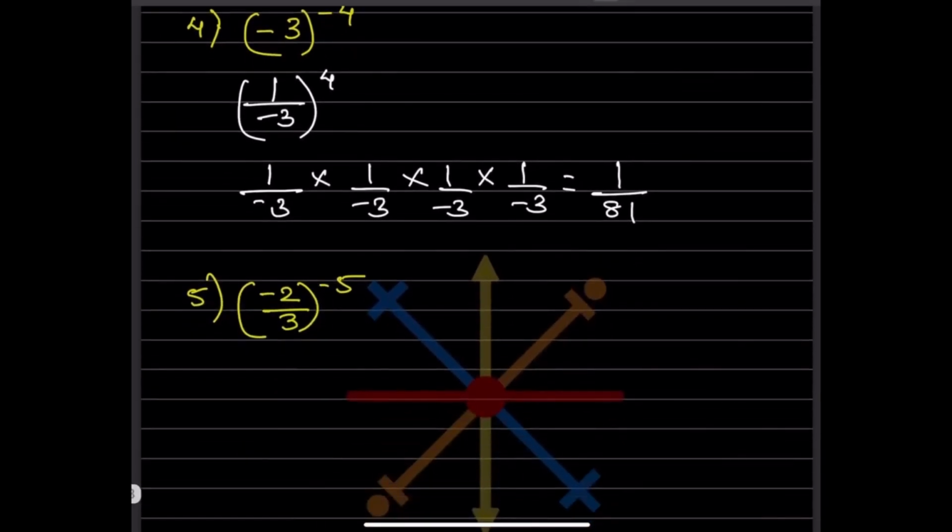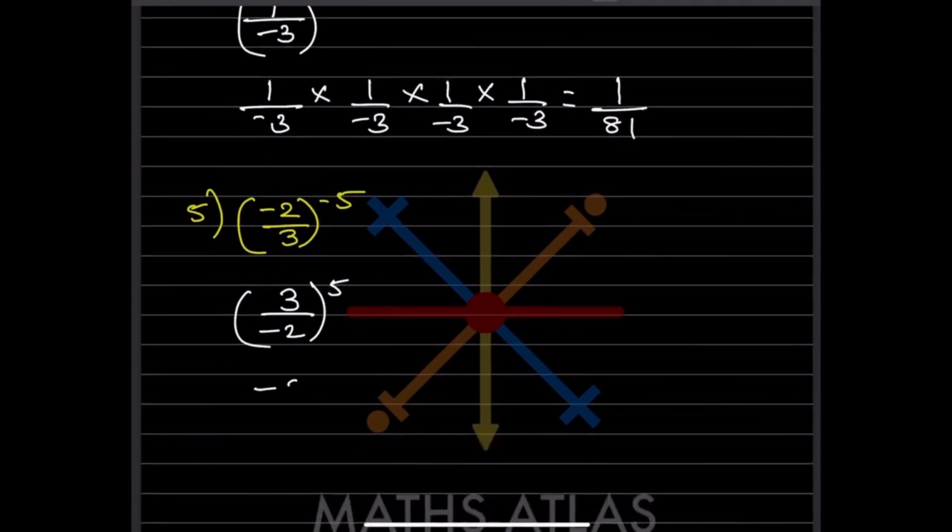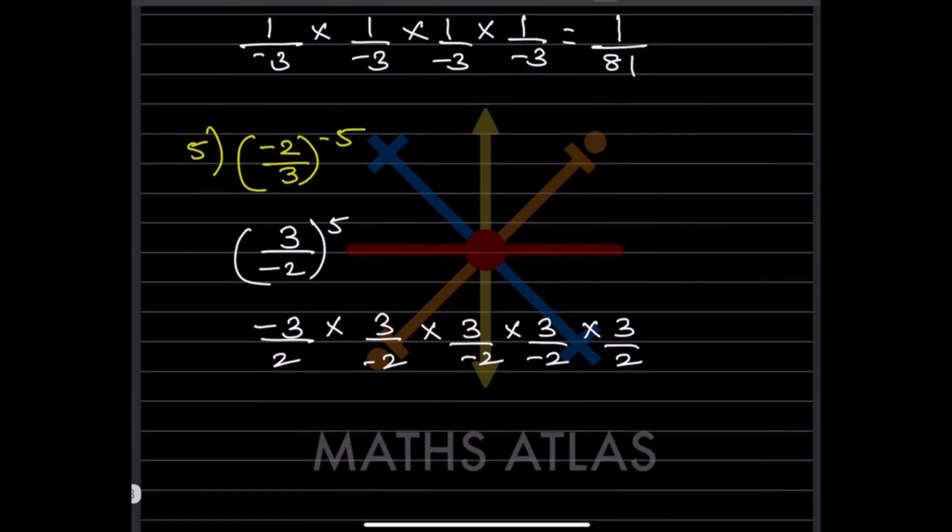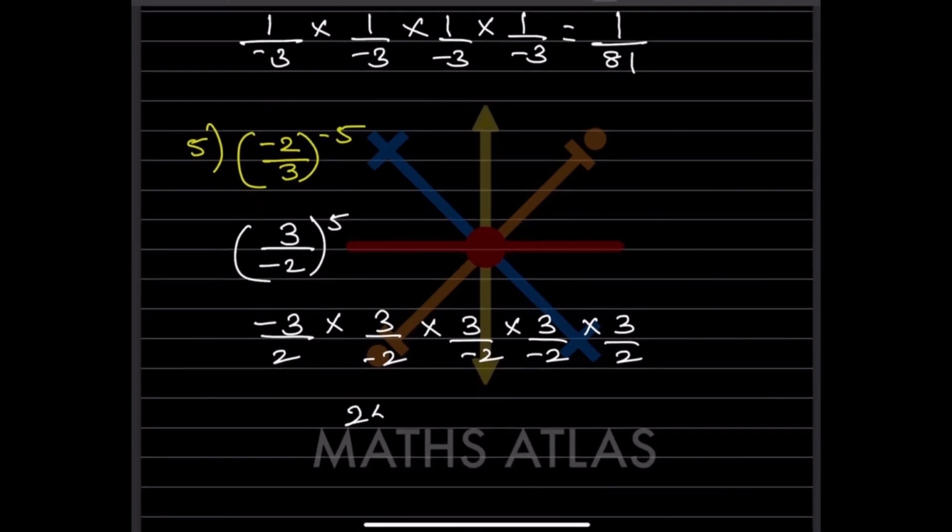So now this you can write, because it is negative 5, you can flip over this one. So this becomes positive. So this you are going to multiply 5 times. So what will you get here? 3 3s are 9, 9 3s are 27, 27 3s are 81, 81 3s are 243.